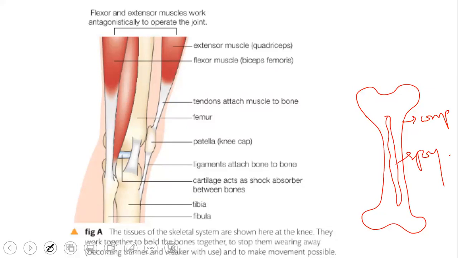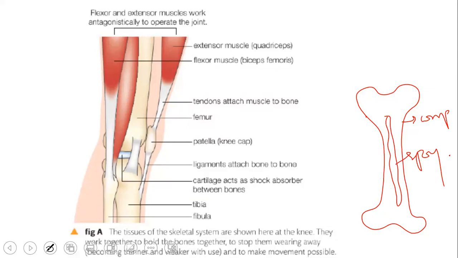So we have compact bone and spongy bone. The compact bone is generally dense and heavy, right? Spongy bone has these large spaces in between and it is generally filled up with your bone marrow.